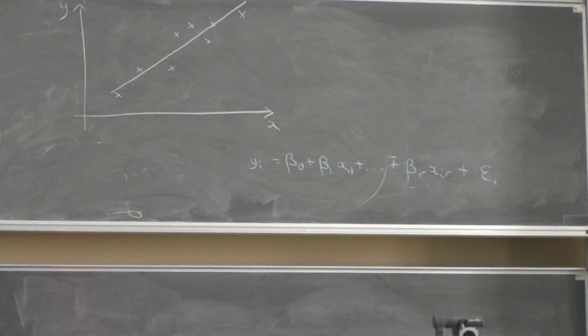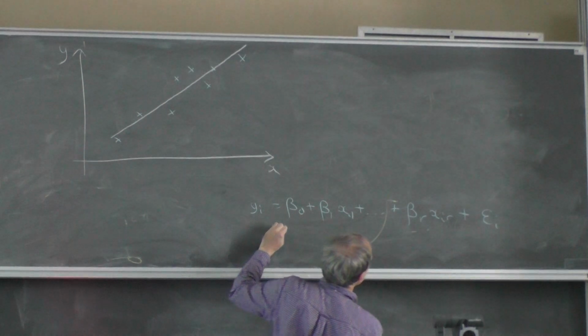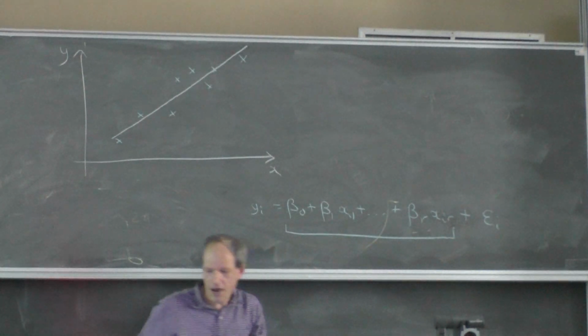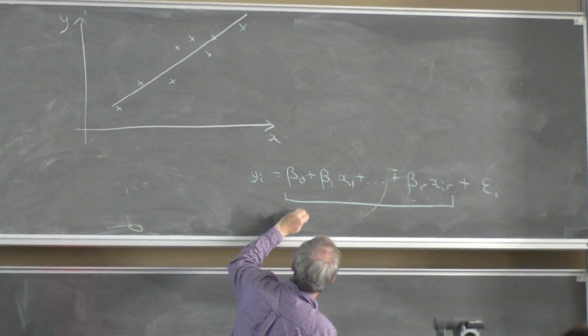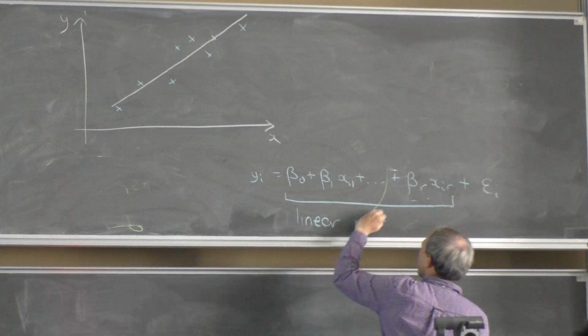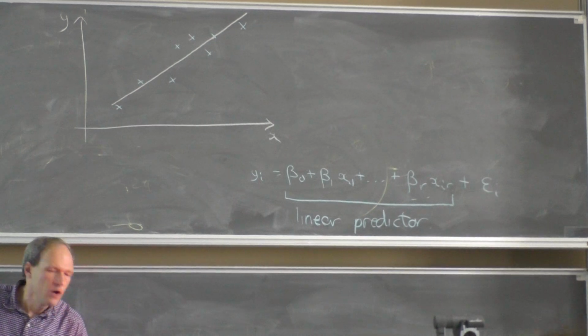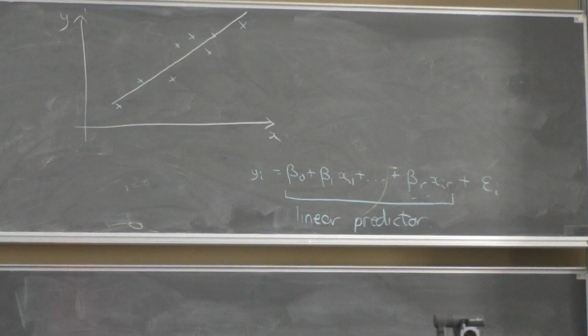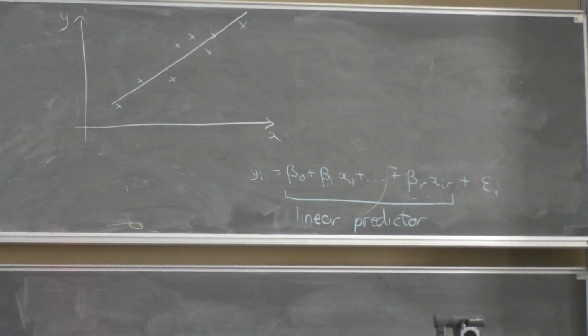And the terminology I'm going to use for this, particularly the first part, is going to recur throughout the course. So this part, i.e. everything except the epsilon i, is called the linear predictor. Okay? So this is the part which gives you a linear combination of the explanatory variables. The coefficients are constant, so they don't depend on which observation you're looking at.